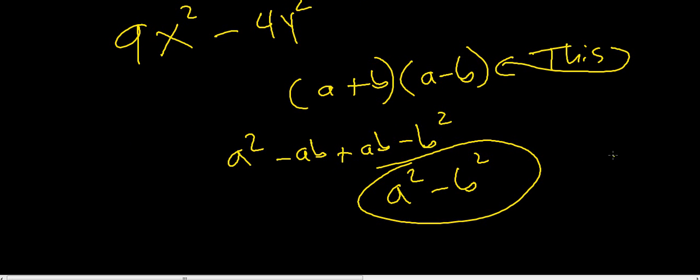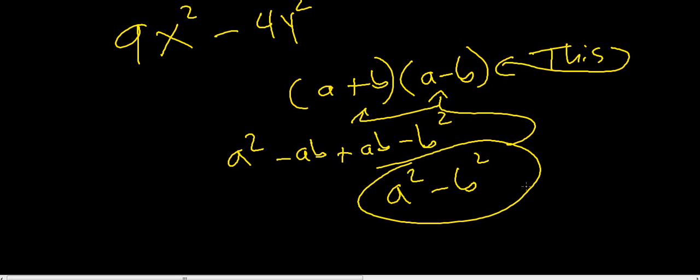And what I like to do is, instead of memorizing this, I try to memorize this process up here. Because if I know that if I have an a plus b times an a minus b and the terms are the same, I can use this formula that I came up with.